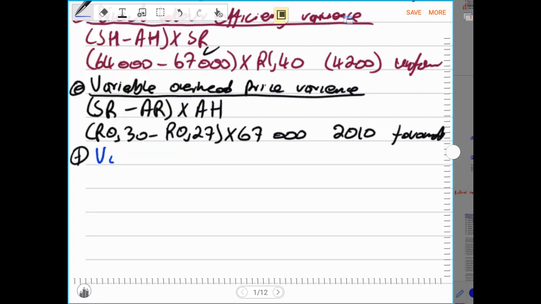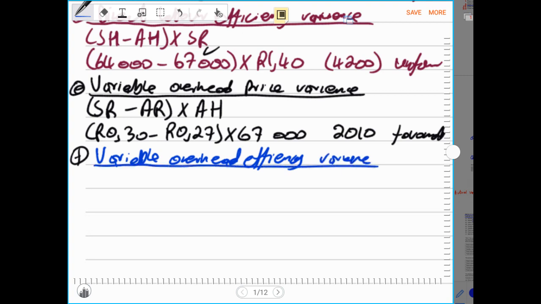Variable overhead efficiency variance. Then now this will be standard hours minus actual hours times standard rate.